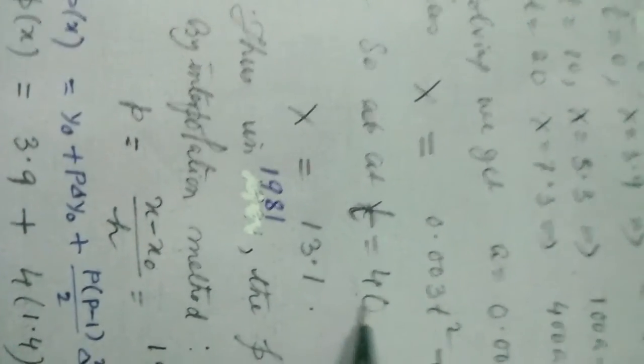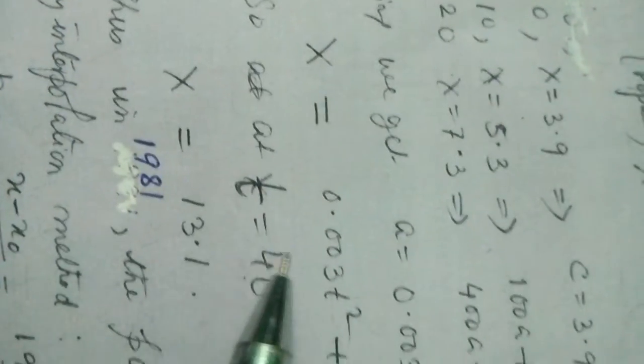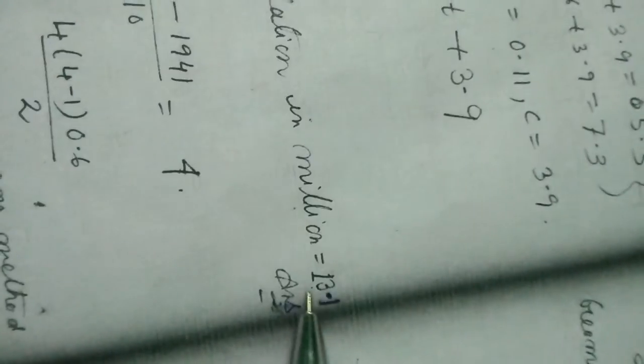Now at t is equal to 40, after 40 years (10, 20, 30, 40), that is 1981, x will be equal to 13.1 million. So thus in 1981 the population in million is equal to 13.1.